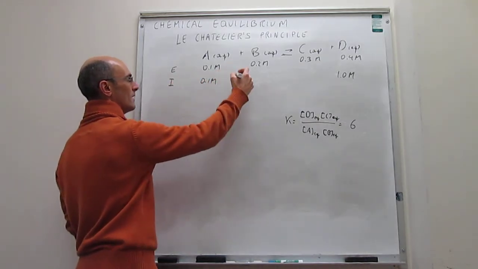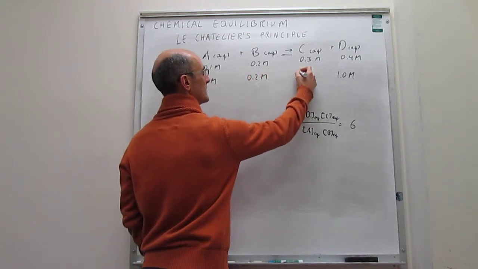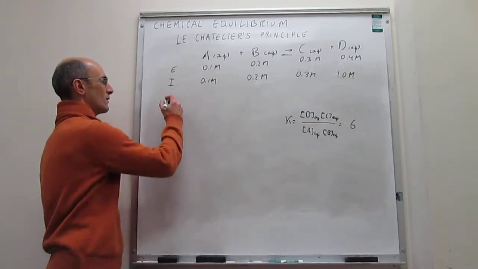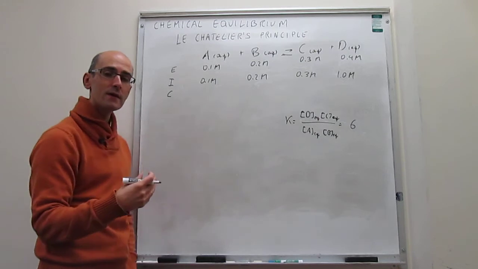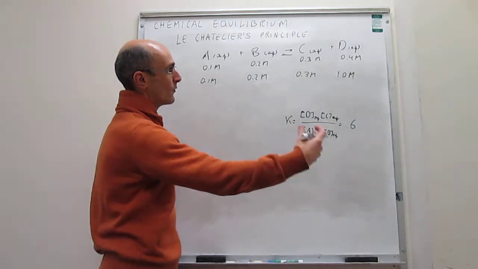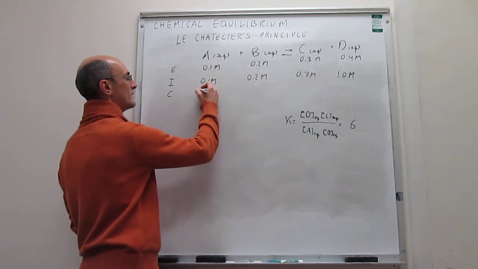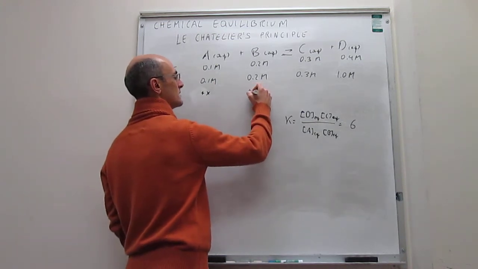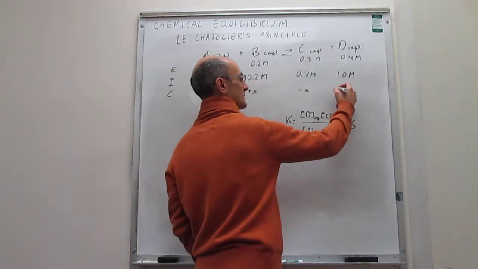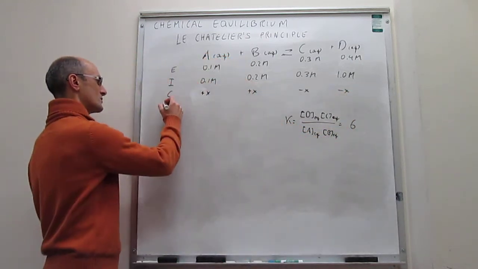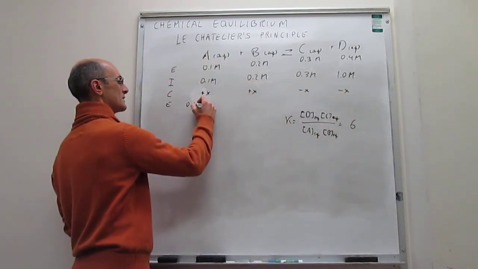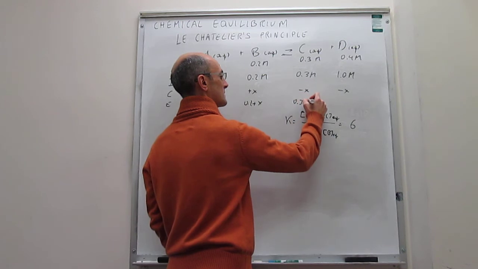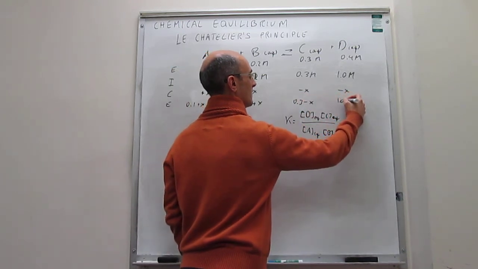There's nothing that I have done to A or to B or to C. The only thing that I have done is change the amount of D. We're estimating that the reaction is going to shift from right to left, products to reagents. So there should be a growth in the amount of reagents, and the products should decrease. The concentrations at equilibrium will be 0.1 plus X, 0.2 plus X, 0.3 minus X, and 1.0 minus X.